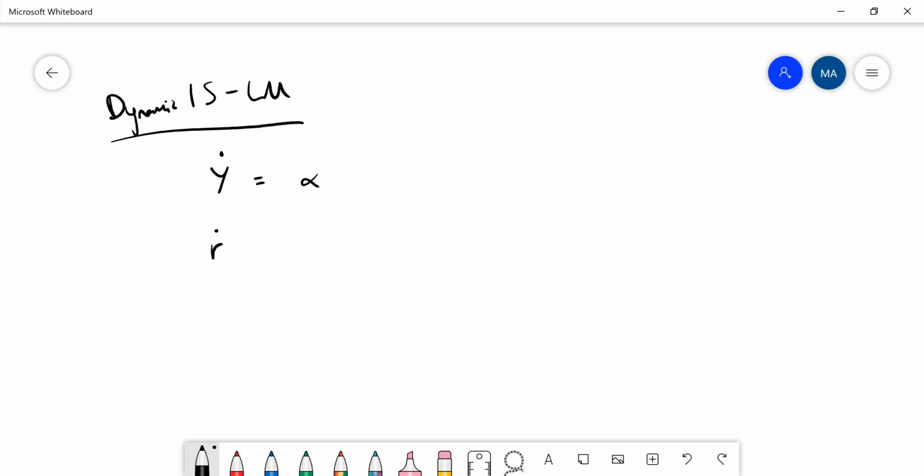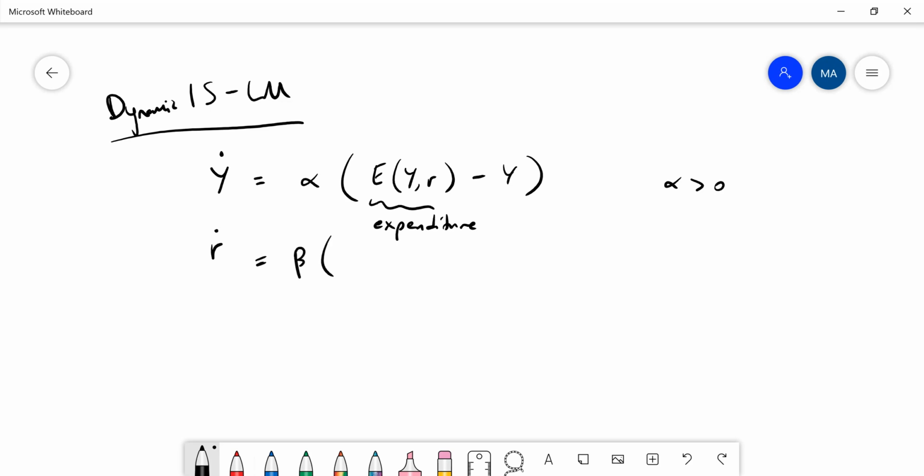So you may imagine output will grow if expenditure, so this is positive, so this is the expenditure function. Okay, if expenditure is greater than output, right? So this is something like that. And interest rate would be growing, right? If liquidity is larger than, let's say, money supply, right?